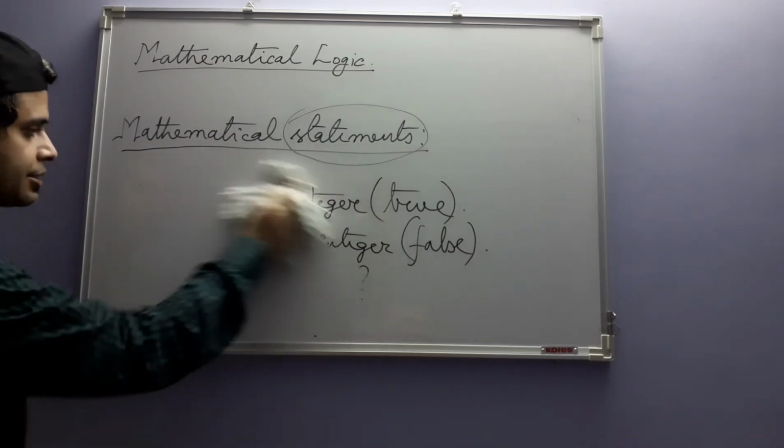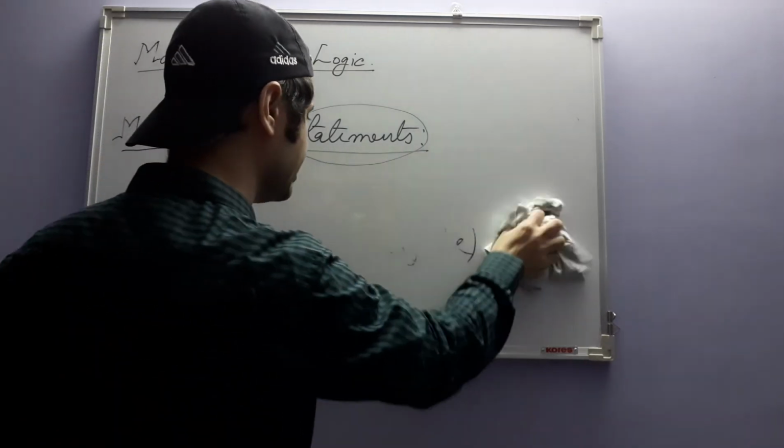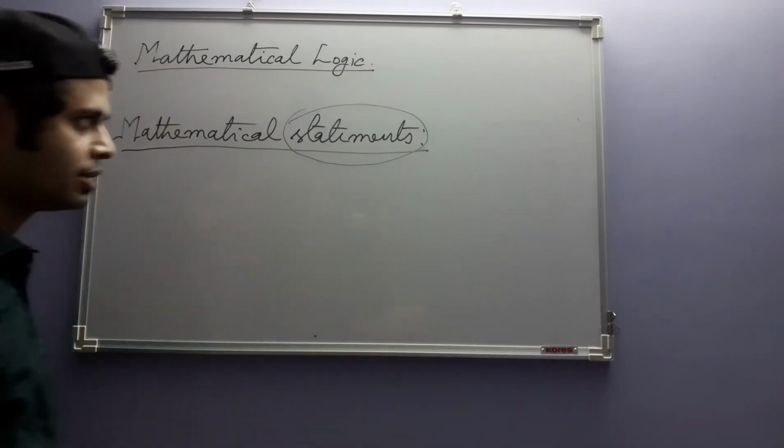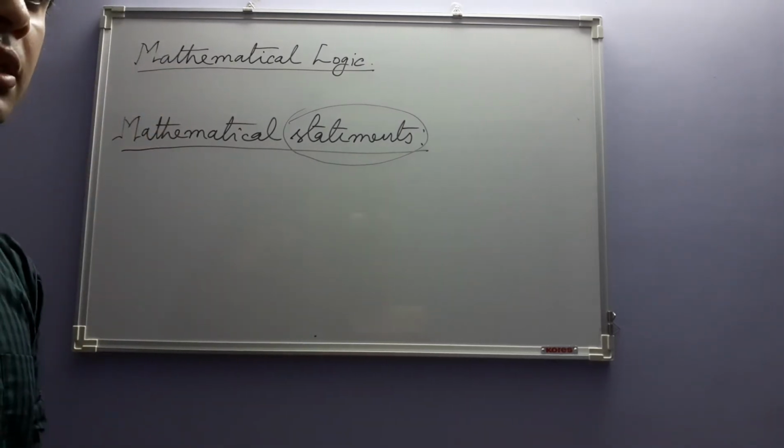Now, mathematical statements are just like that, statements which are either true or false, but about mathematical objects.